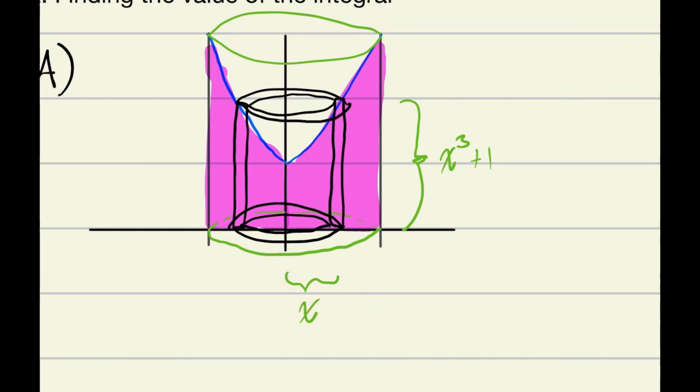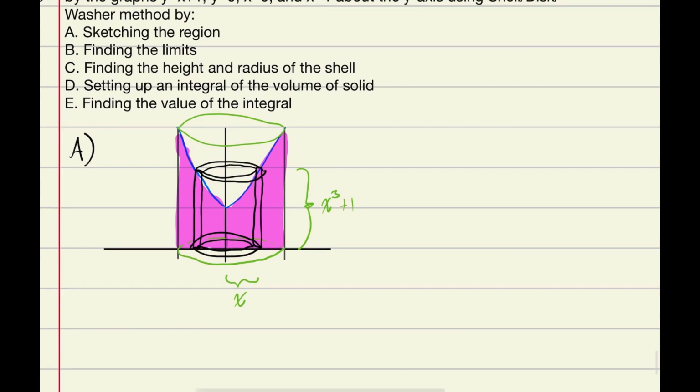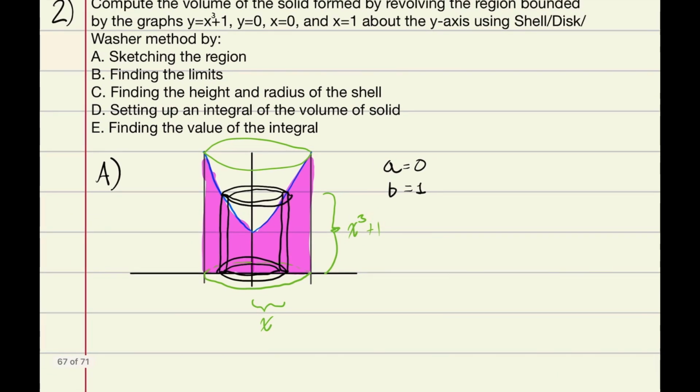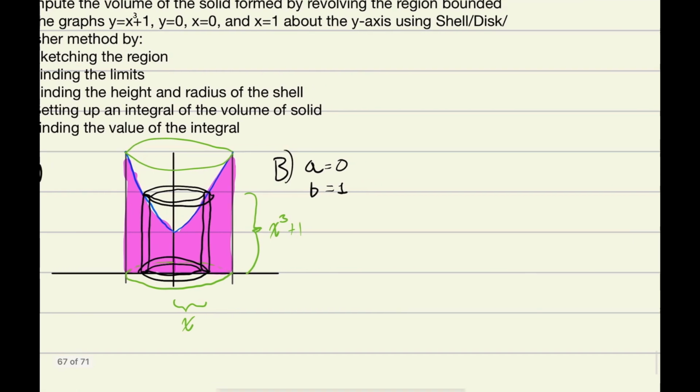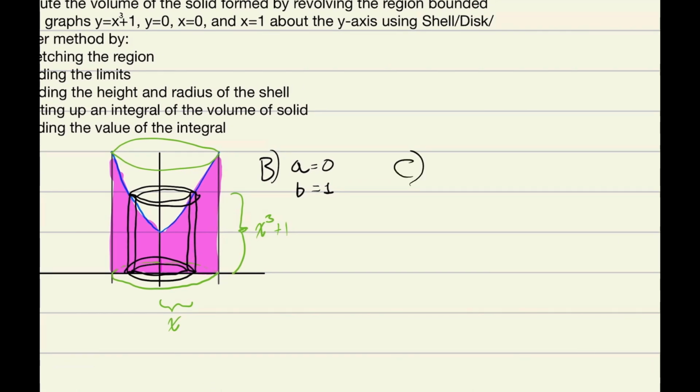So we can say A is equal to 0, B is equal to 1, and this would be step B. For step C, we've already found the radius, which is equal to x, and the height, which is equal to x cubed plus 1.